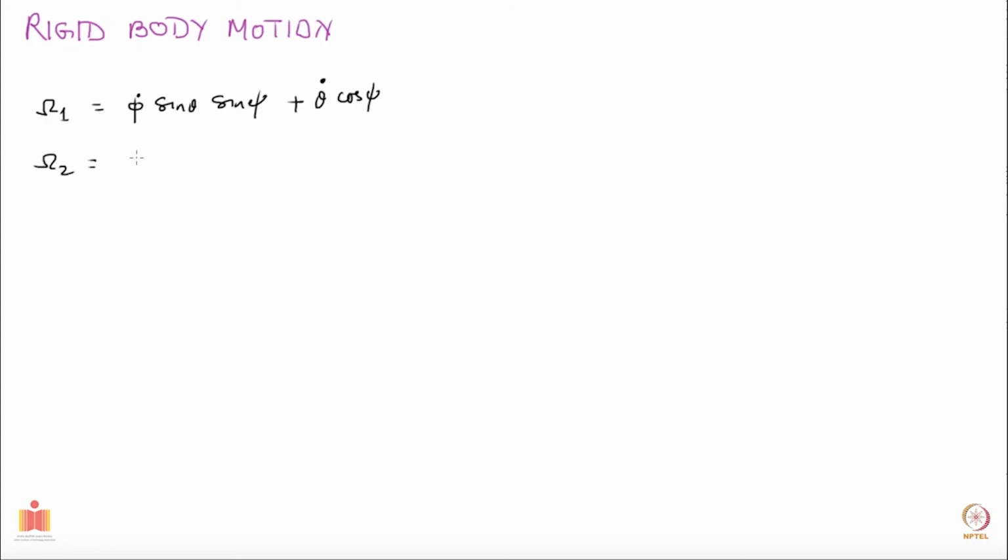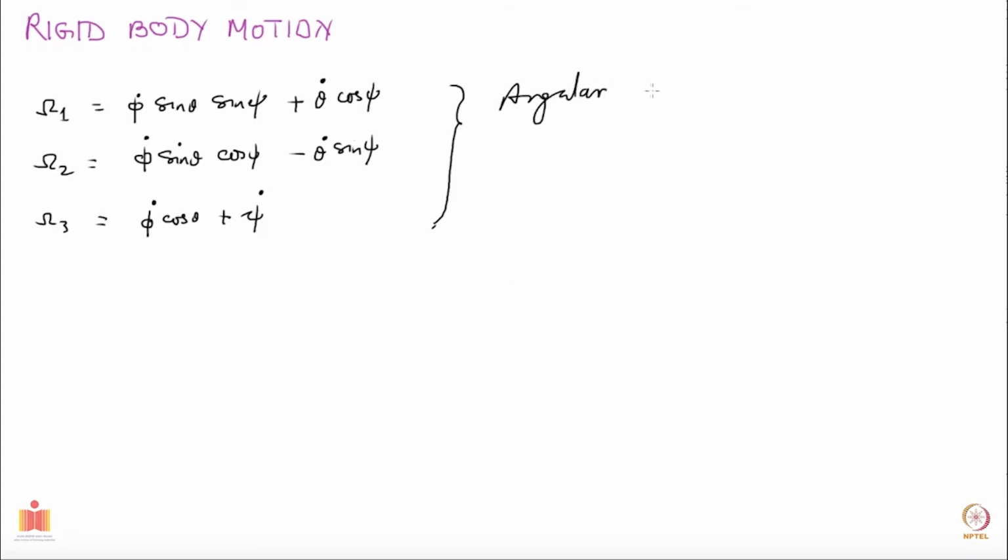Omega 2 is phi dot sine theta cos of psi minus theta dot sine of psi, and omega 3 is phi dot cos theta plus psi dot. What we have done is that the angular velocity has been written in the body coordinates.